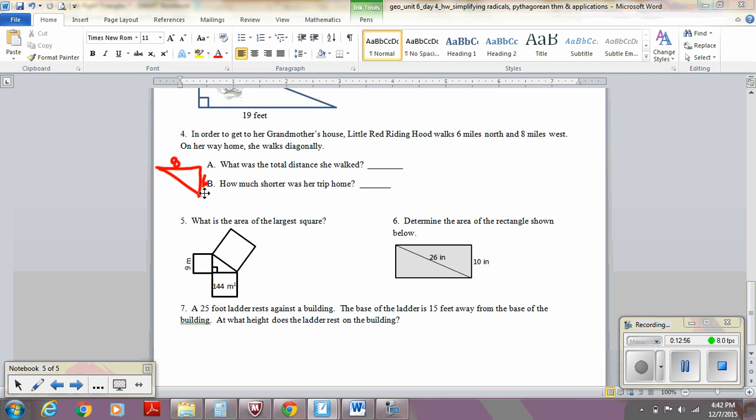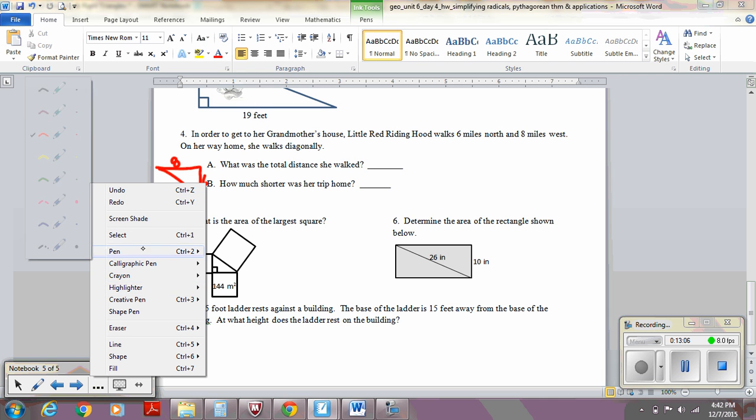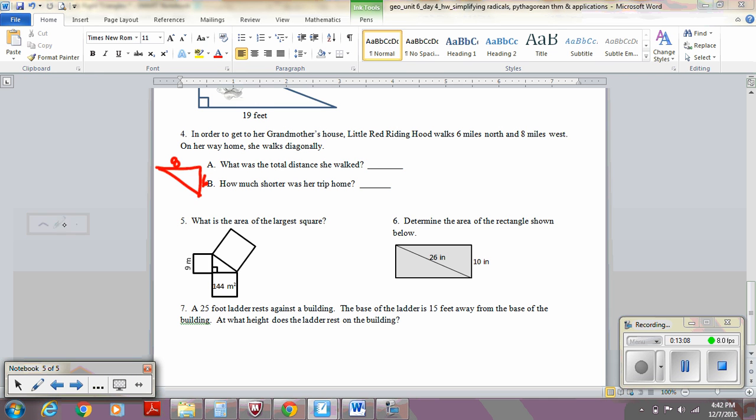So the total distance, she went up 6, left 8. That would be 14, but we still need to find the diagonal first in order to get the total distance. So I'll call it x. So I know that 6 squared plus 8 squared is equal to x squared. So that's 36 plus 64.